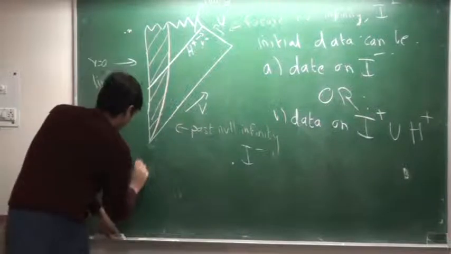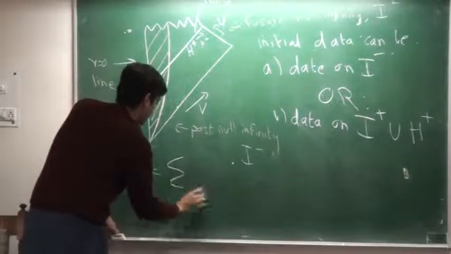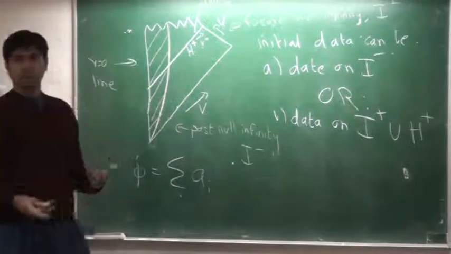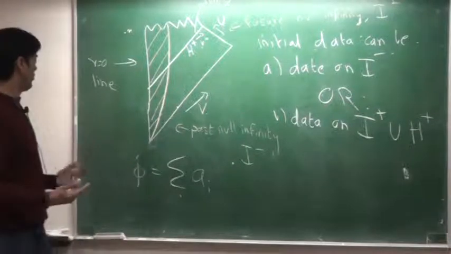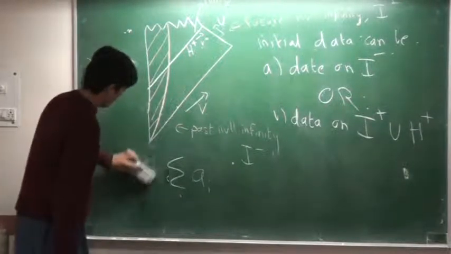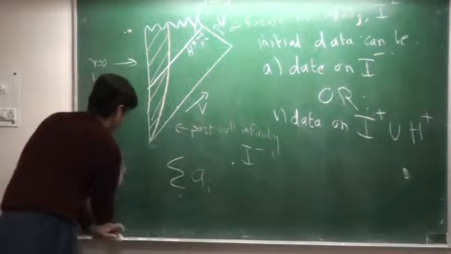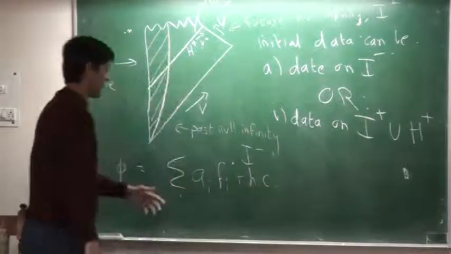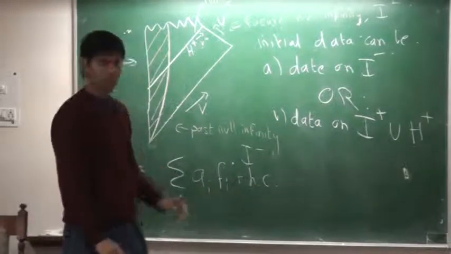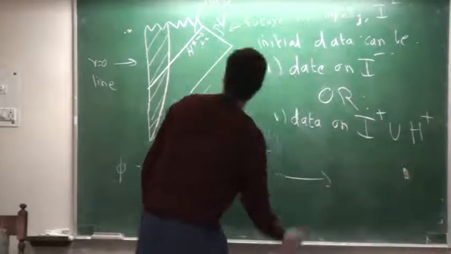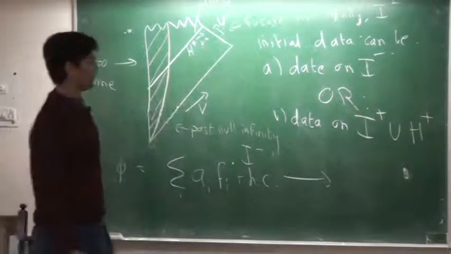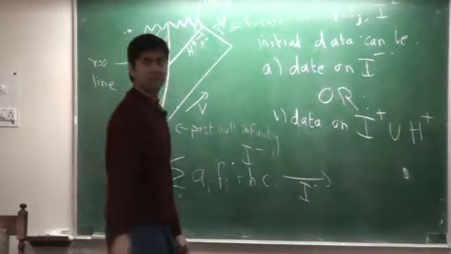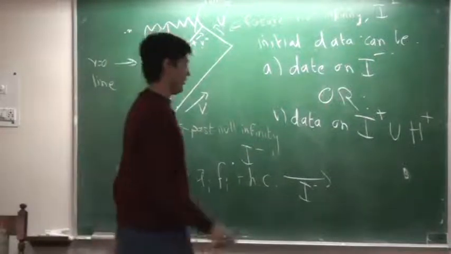as phi is equal to a sum of a_i times some modes phi_i, which have the property that as you go to past null infinity, on this scri minus, this becomes a plane wave expansion on scri minus.